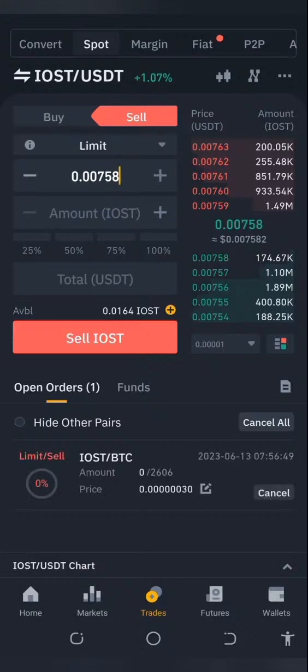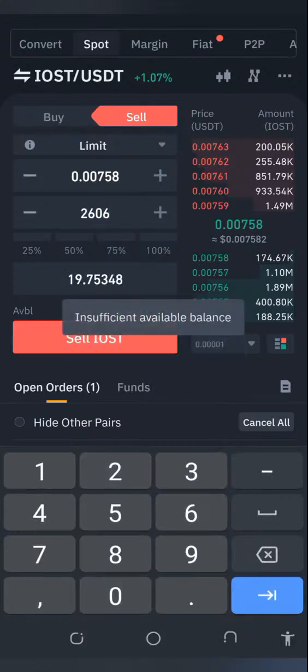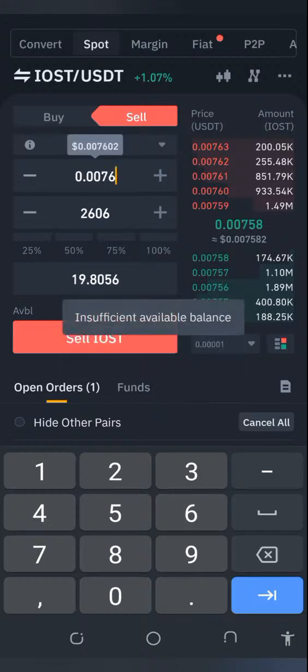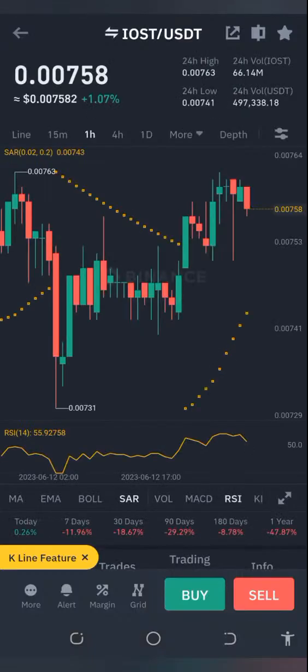So 2606, what's that going to give me? Yeah, currently right now it's at a loss. But if this goes up to maybe 7.6, or maybe 7.8, if for any reason this goes up to 7.8, we will make profit. All right, so those are the things that we're looking at currently.